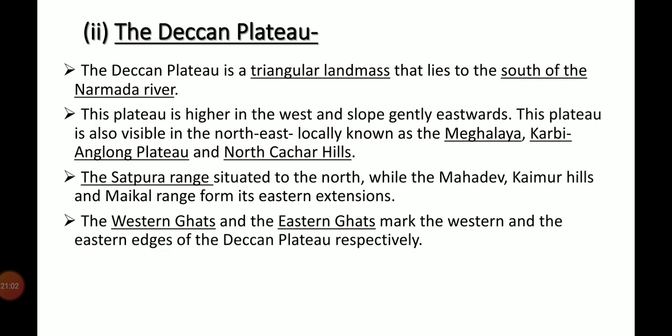Number 2, Deccan Plateau. The southern part of the Narmada River is known as the Deccan Plateau, and it is a triangular landmass. This plateau is higher on the western side and slopes gently to the eastern side.